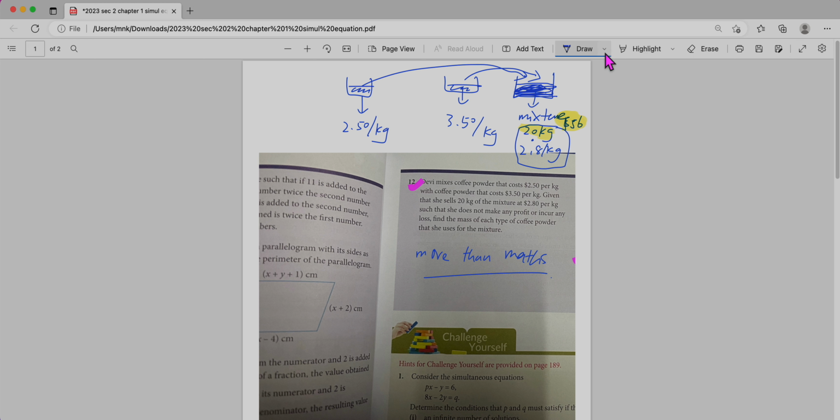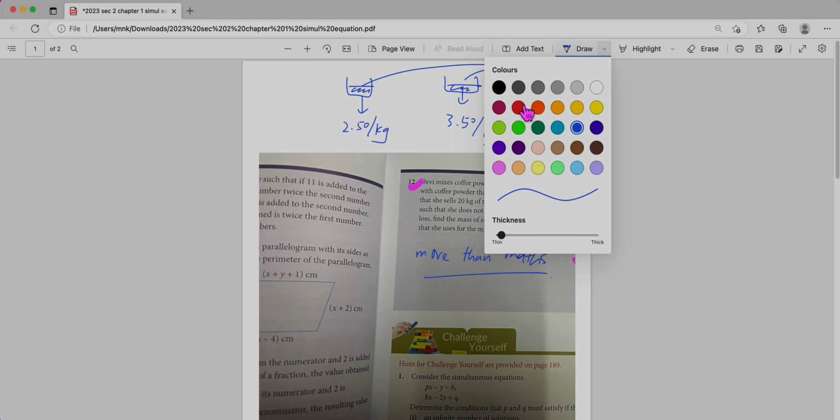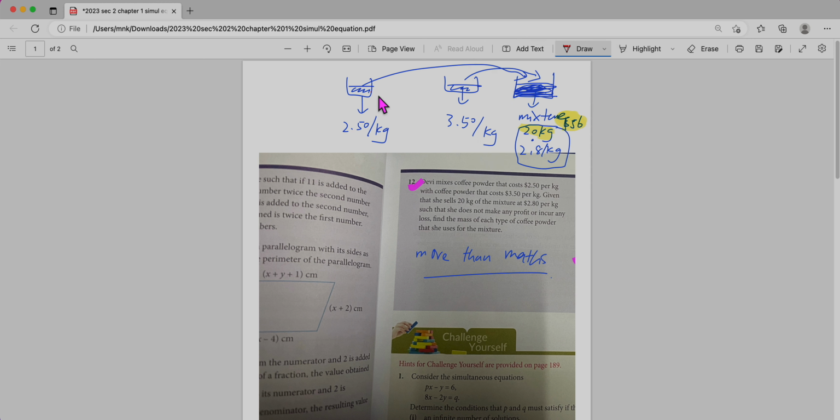If this amount of powder is x kilogram, and this amount of coffee powder is y kilogram, the first equation you should get is x plus y equals to the mixture.